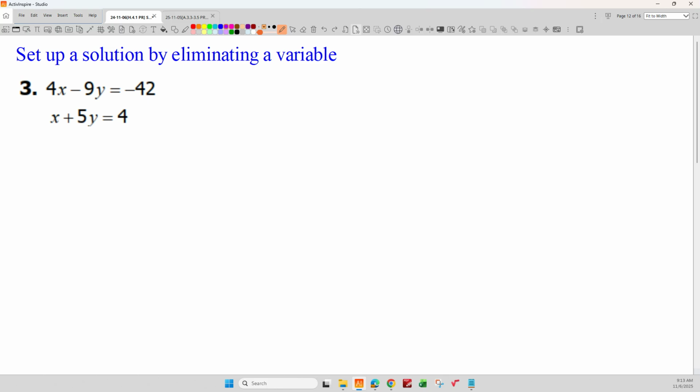Picking y would be a little bit tough because I would have to multiply both equations by something to get opposite coefficients of y. Everybody agree? X is simpler because I only have to multiply the bottom equation. The top equation I can just leave unchanged. So the top equation stays as it is.